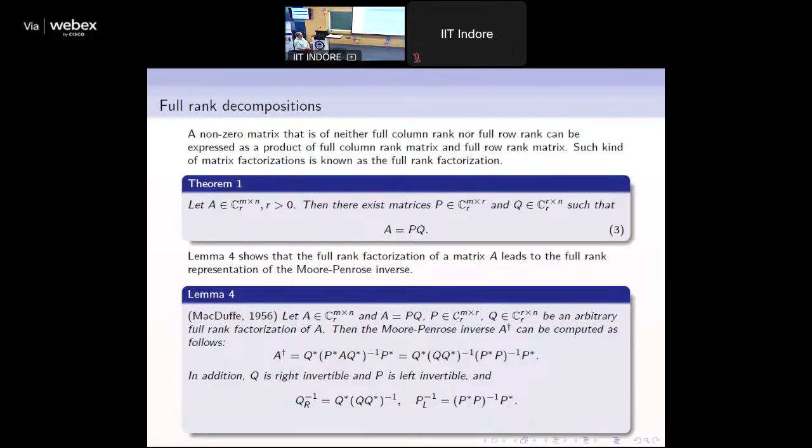And then we can represent the Moore-Penrose inverse easily in such a form, which is given by the product of the right inverse of Q and the left inverse of P. In this way, we reduce the problem of computing the Moore-Penrose inverse to the problem of computing the usual matrix inverse.